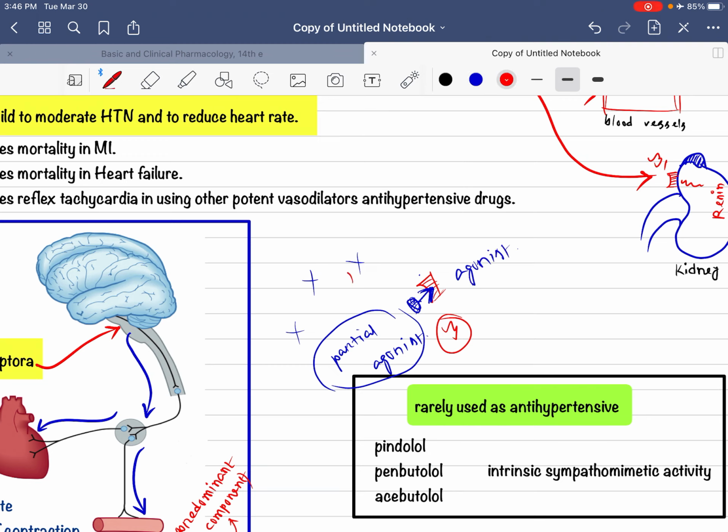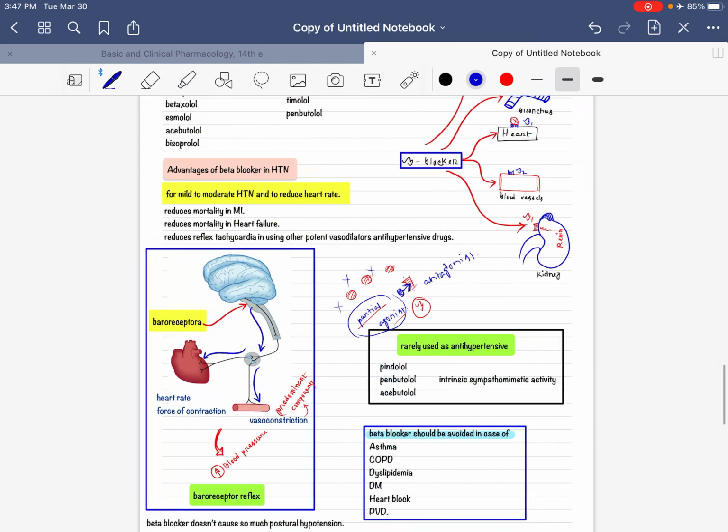But if there is any other pure agonist present, then this partial agonist will act on the receptor as an antagonist. That means a partial agonist acts as an agonist in the absence of a pure agonist and acts as an antagonist in the presence of a pure agonist. Okay, that's about it.